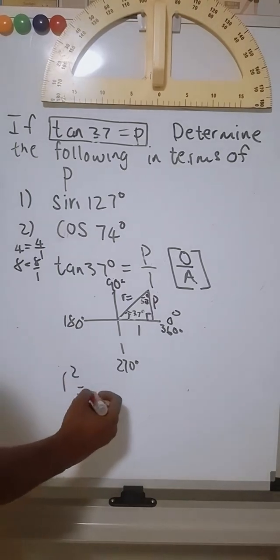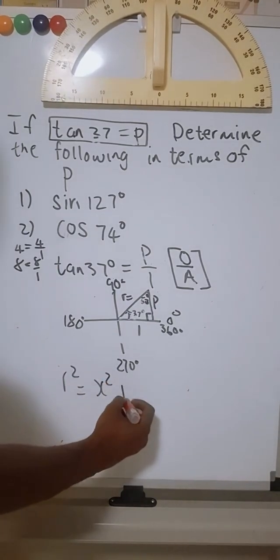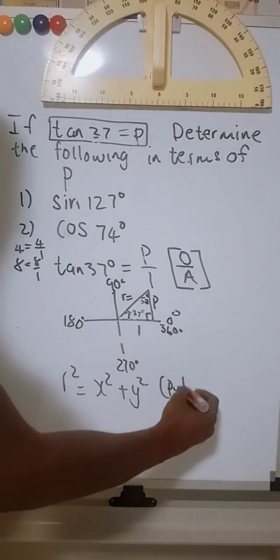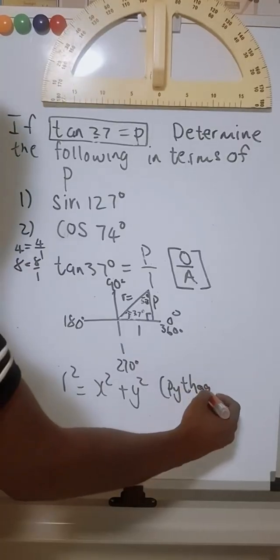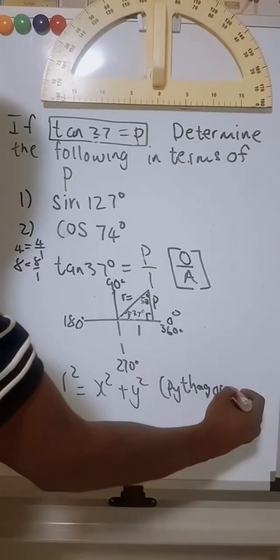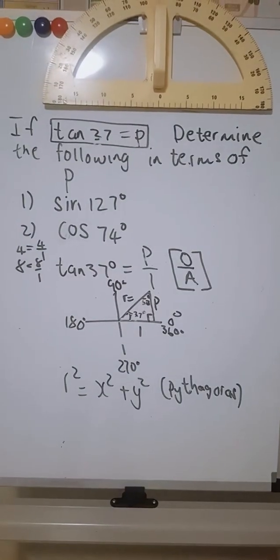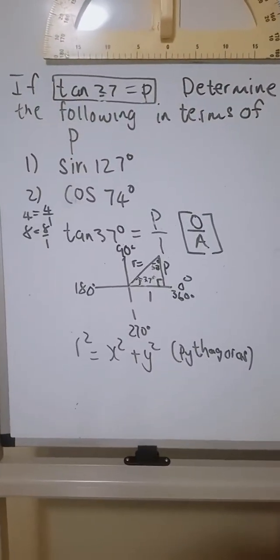So we say the square of the hypotenuse side is equal to the sum of the squares of the other two sides. You forgot the term.